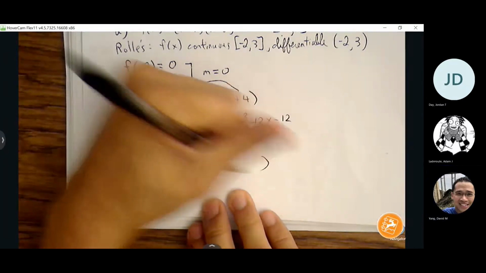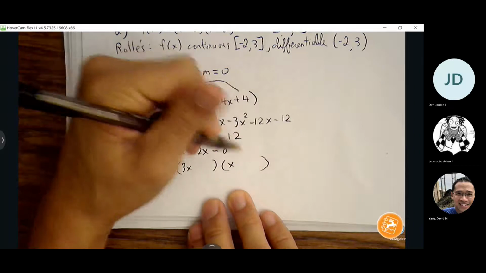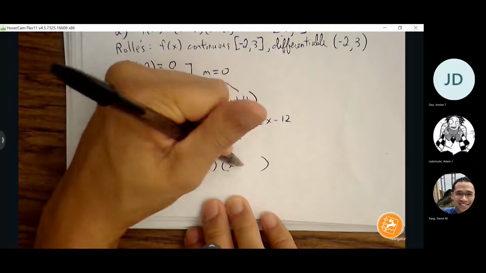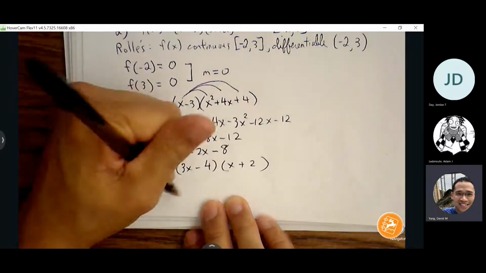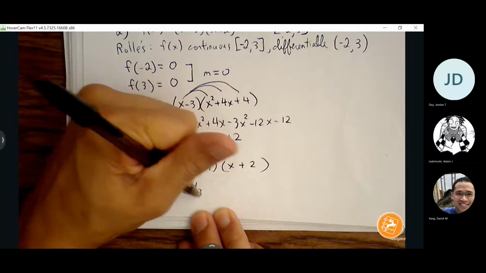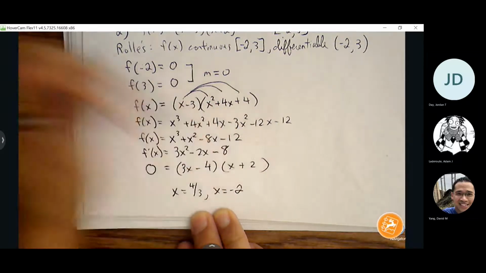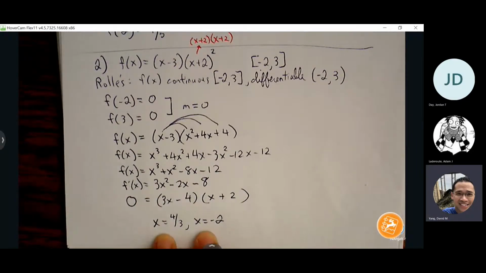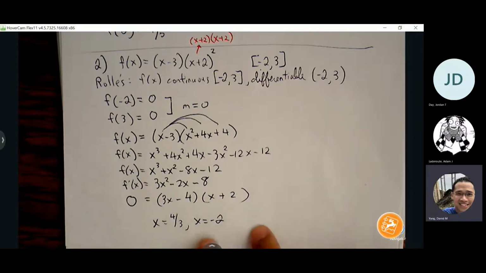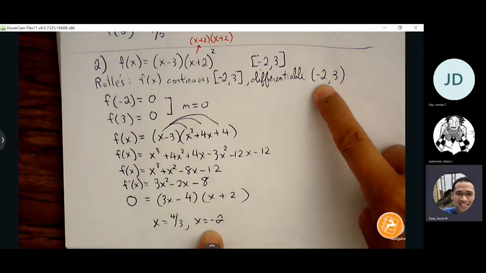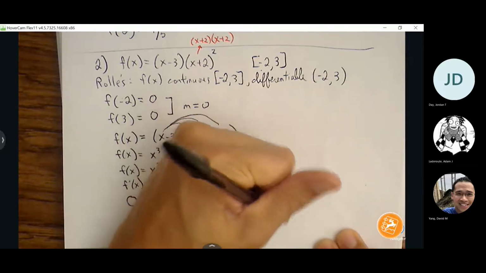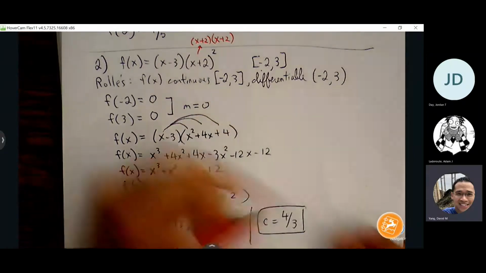Factor. Okay. What are our C values? Do we get to keep both of these? Okay. -2 is not inside the interval, right? We can only keep what's inside the interval. -2 is out.